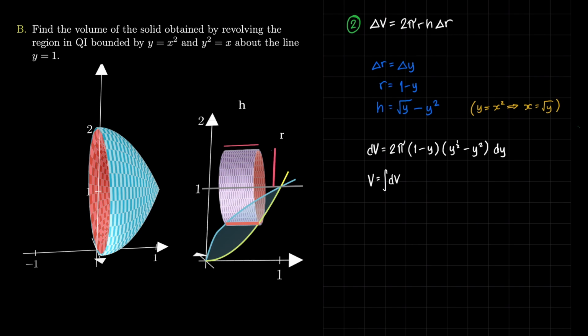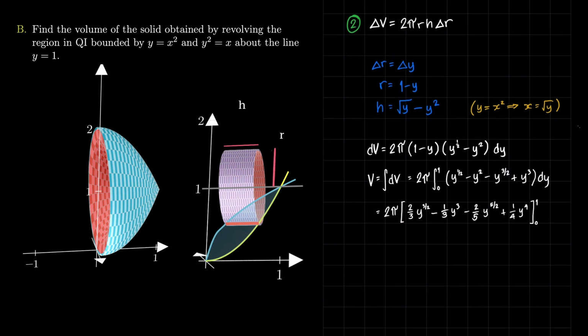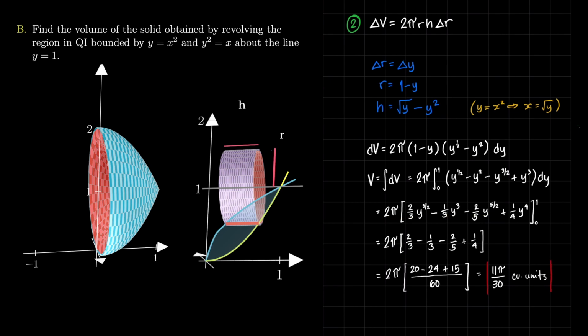Yung total volume natin ay yung sum ng lahat ng differential volumes, or 2 pi times the integral of the product of 1 minus y and the square root of y minus y squared evaluated from 0 to 1. Again, at this point, we have already correctly set up the definite integral, and we'll just fall back on what we know about evaluating the definite integral to lead us to our final answer of 11 pi over 30 cubic units as the volume of our desired region.